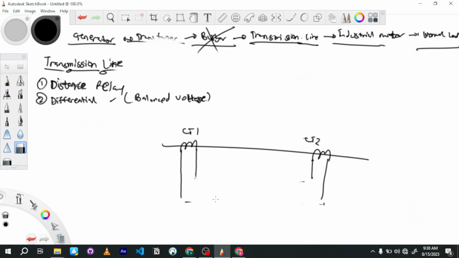There are two CTs in action. There are two relays in action. I have one relay here and another relay here. I'm very sorry, I don't know where my mind was. We have relay one and then relay two.